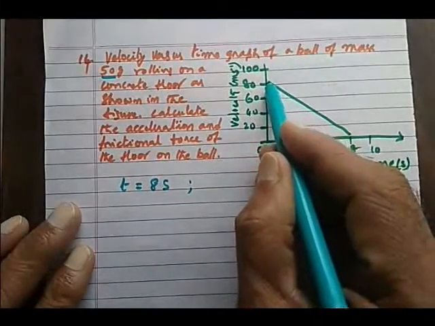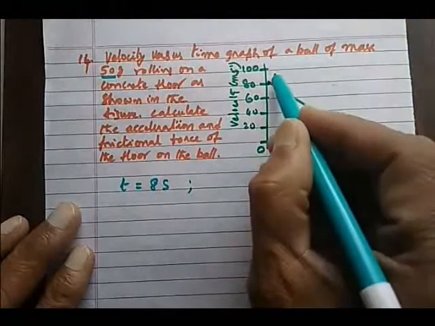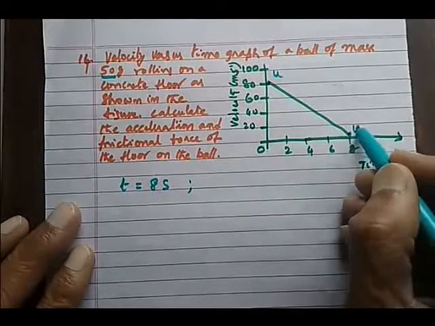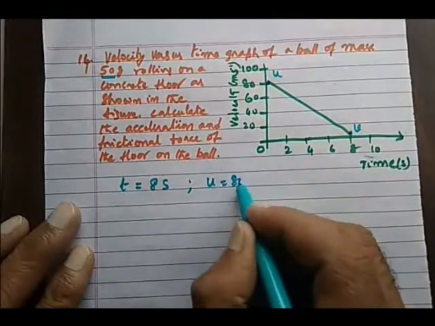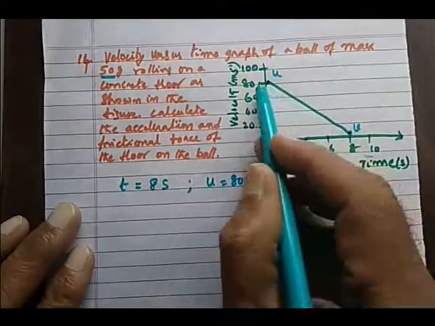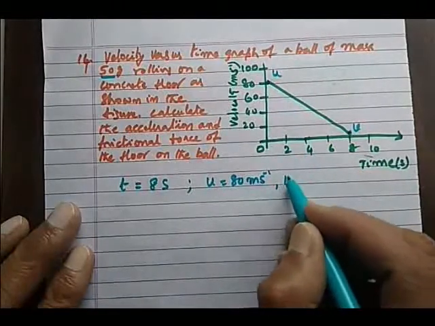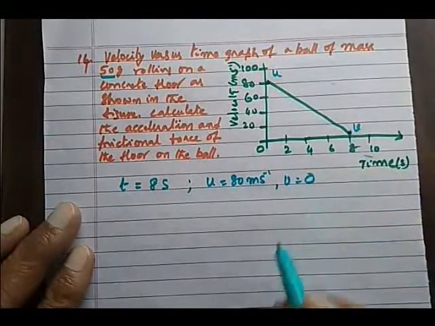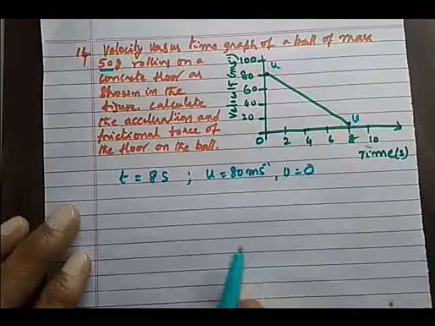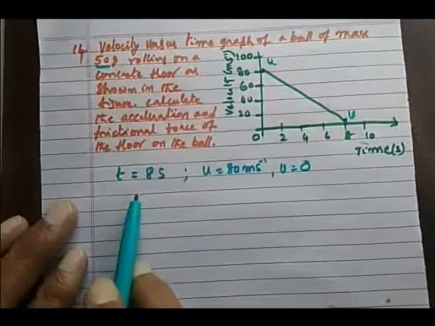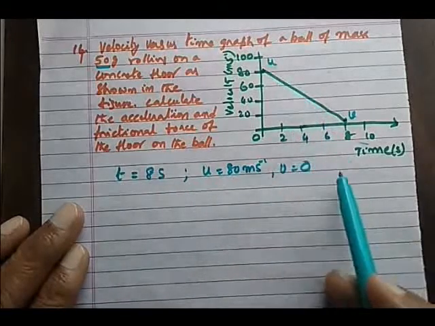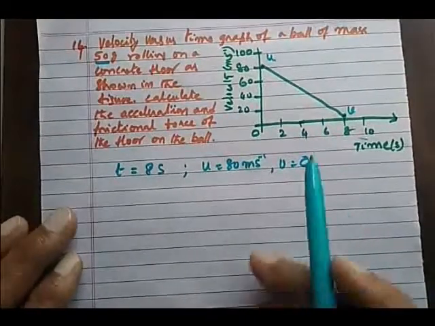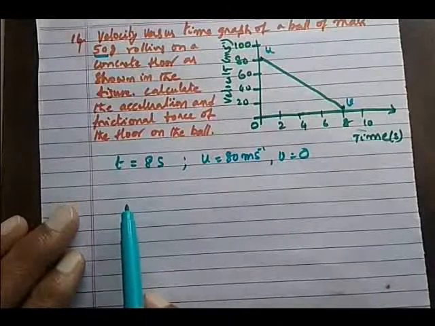So here it is starting here and it's ended here. So this is initial velocity and this is the final velocity. So initial velocity is 80 meters per second. Final velocity is 0. It has come to a halt. These are the values. Instead of giving in like this, they are given in the form of a graph. So we have to extract these values from the graph.